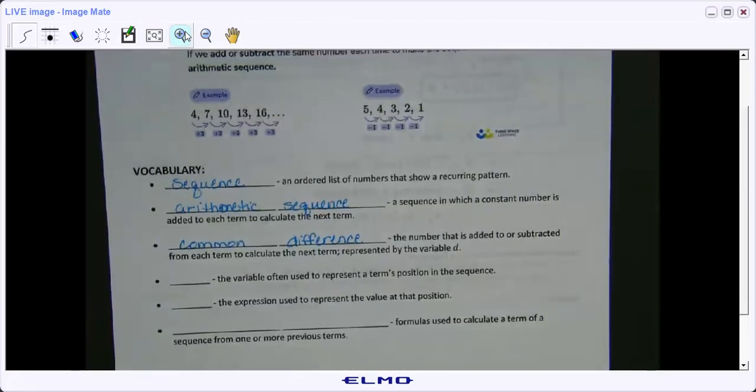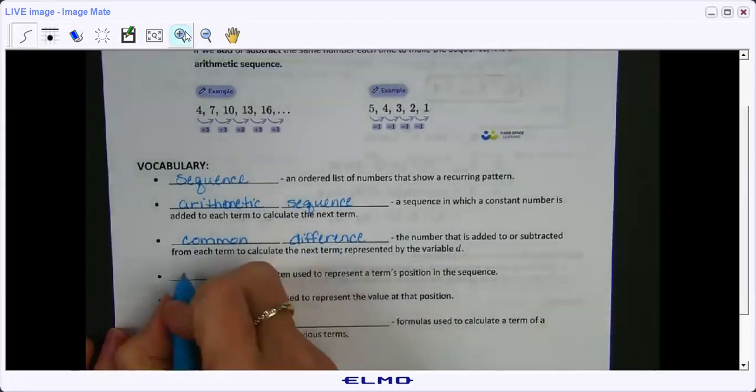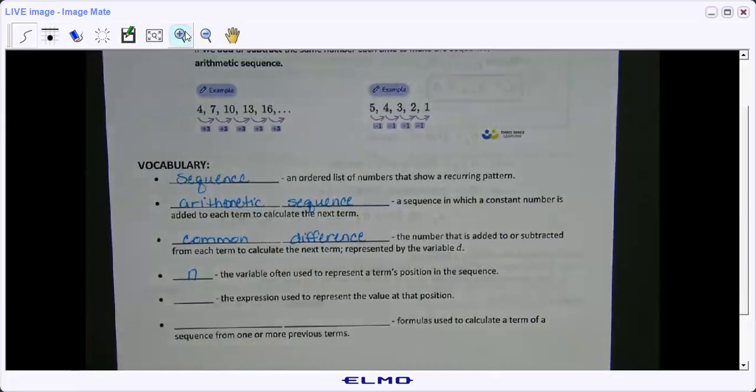I'm going to give you a couple of variables, but once we start working with those on pages 3 and 4, you'll understand what they mean. Whenever you see the variable n, that is going to represent the number within the sequence that you're looking for, that term's position. So if I'm looking for the 11th term, that means n would equal 11.